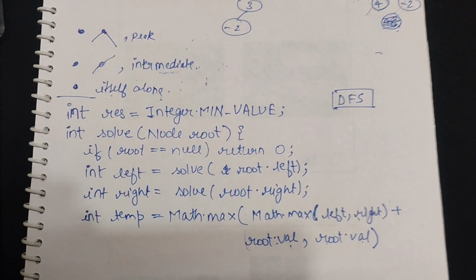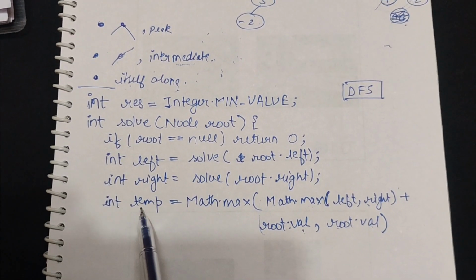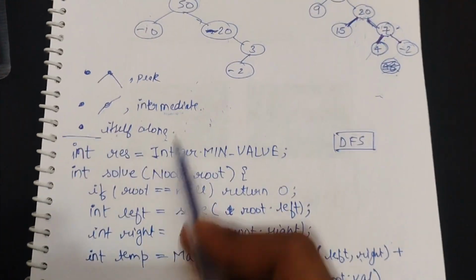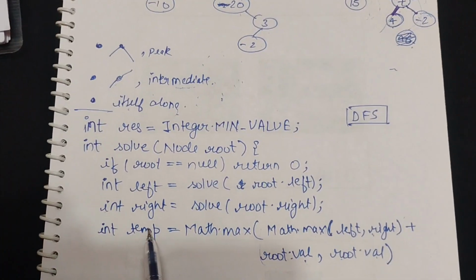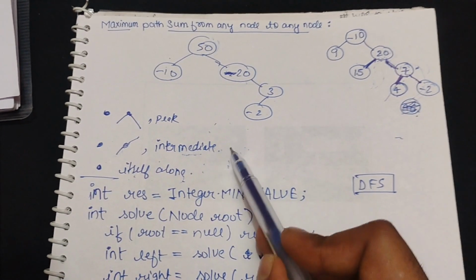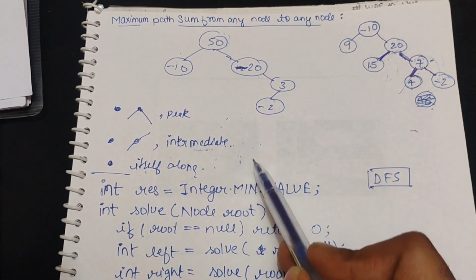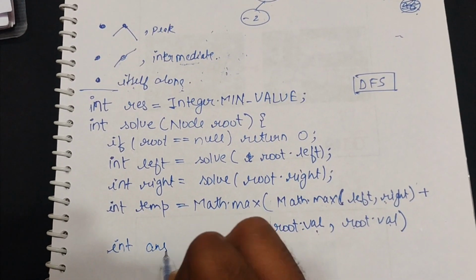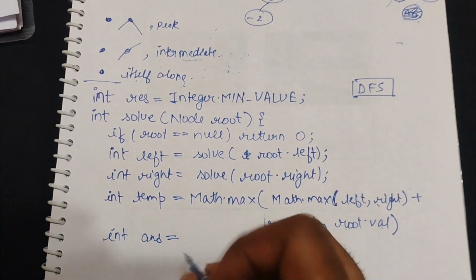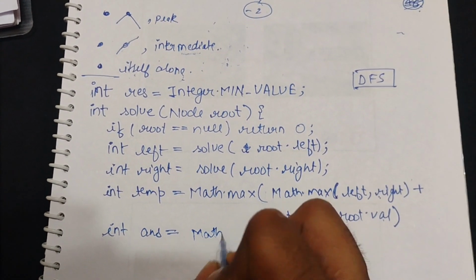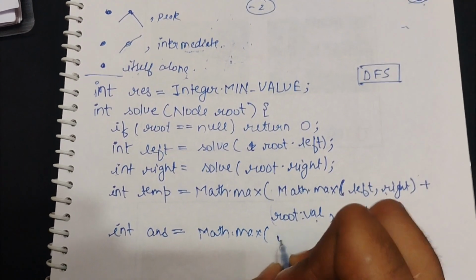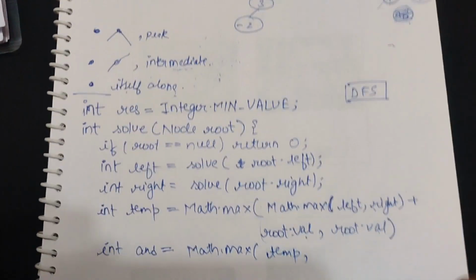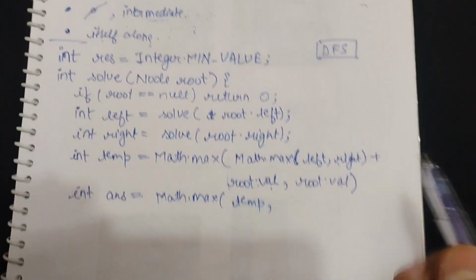Okay, now I'll end this. So this temp will store the maximum of these 2, like the best of these 2. Now I'll make another variable answer equal to math.max, then temp, because I want the best of these 3.